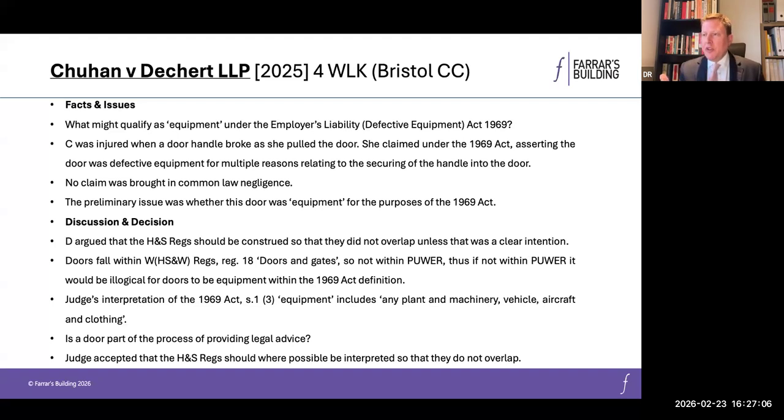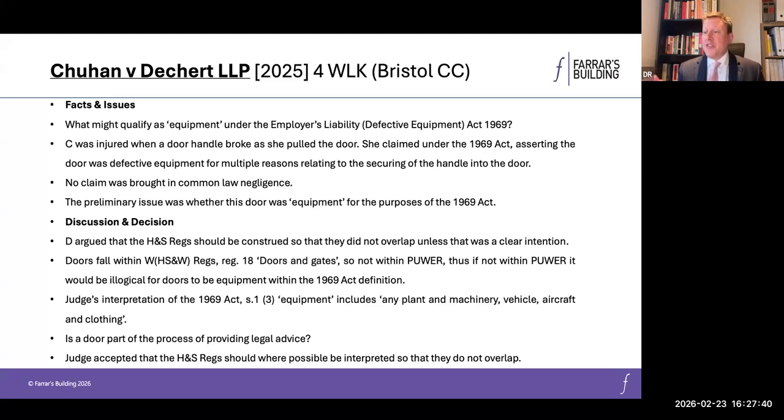A key limb of the defendant's argument was the principle that the health and safety regulations should be construed so that they didn't overlap one another unless it was clear on statutory and regulatory interpretation that they were intended to overlap. To illustrate that in the context of this case, we know that doors fall squarely within the Workplace (Health, Safety and Welfare) Regulations, because Regulation 18 of those regulations is headed doors and gates and provides certain things about doors and gates.